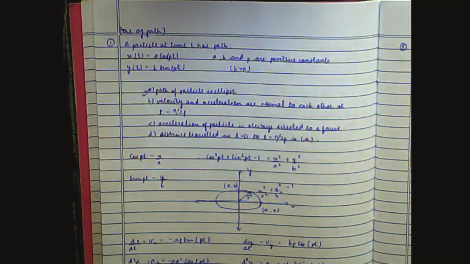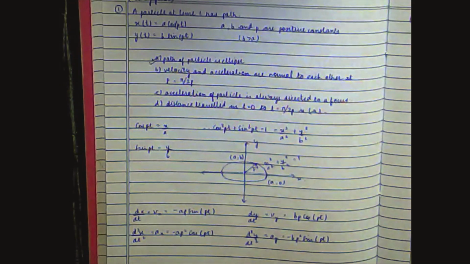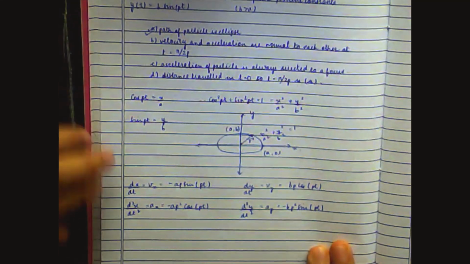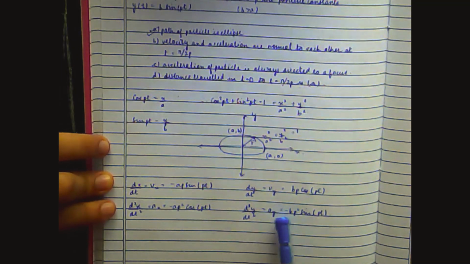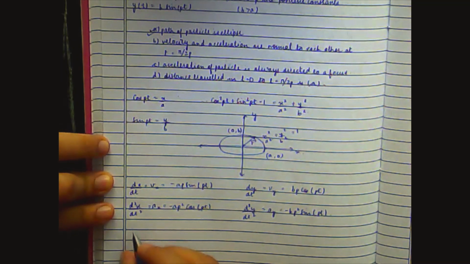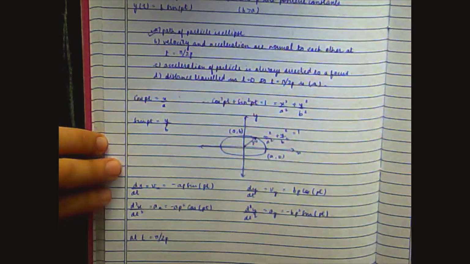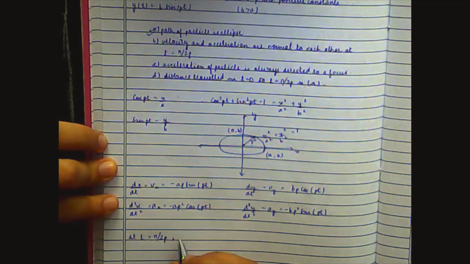Now what are these? Now we have to find out what their value is when t equals pi by 2p, right? So at t equals pi by 2p, okay, this implies that pt equals pi by 2, right?